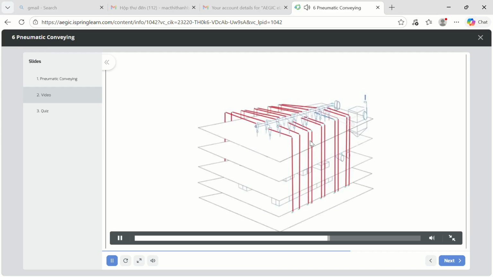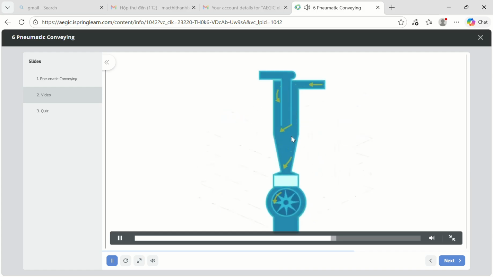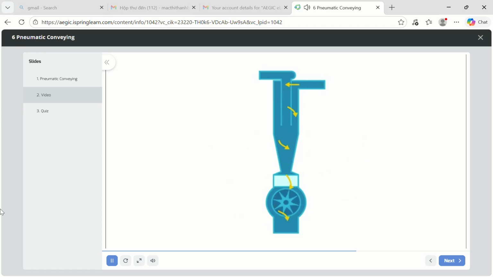Pipes channel air and stock from each roller mill up to the cyclones at the top of the mill. These cyclones filter the stock from the air so that the stocks drop back down into the mill system while only relatively clean air enters the central manifold.